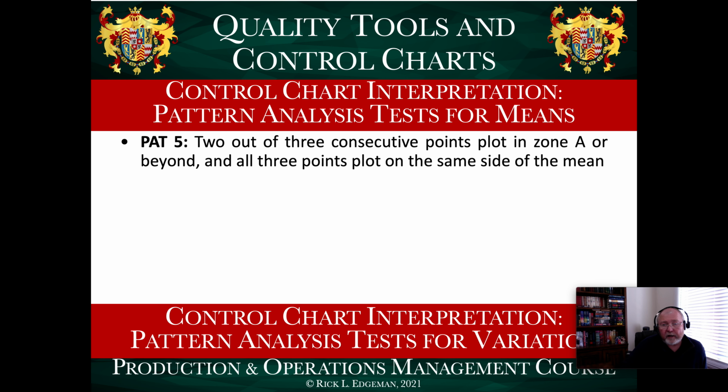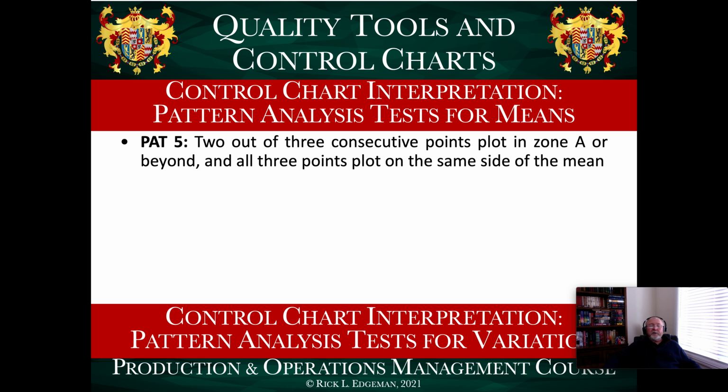So pattern 5, remember that we have these zones on our chart. Zone C, those 2 zones are within 1 standard deviation either side of the mean. Zones B, those are between 1 and 2 standard deviations either side of the mean, so between the green and yellow lines. Zone A, between the yellow and red lines, between 2 and 3 standard deviations, either above the mean or below the mean, center line.